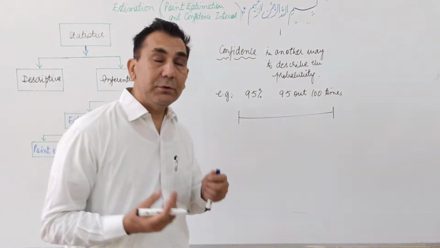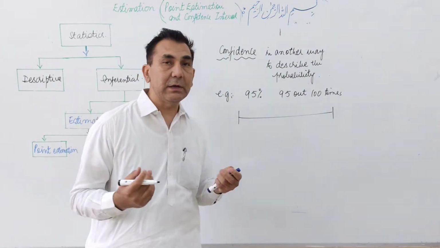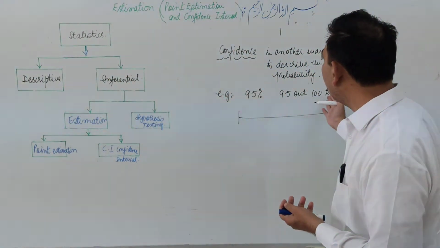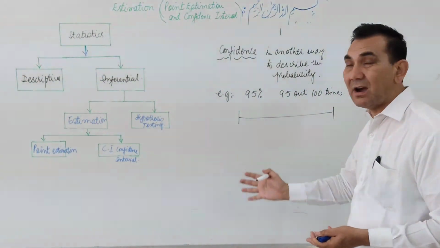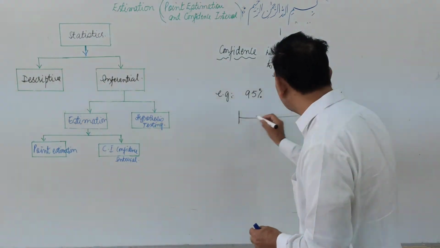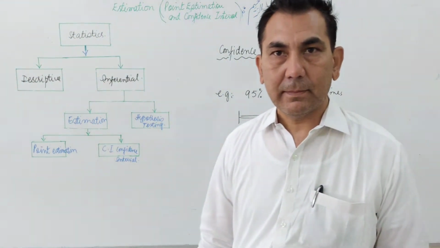So if you took a 95% confidence interval, it means that 95 out of 100 times, you are confident that your estimation will fall between these values.